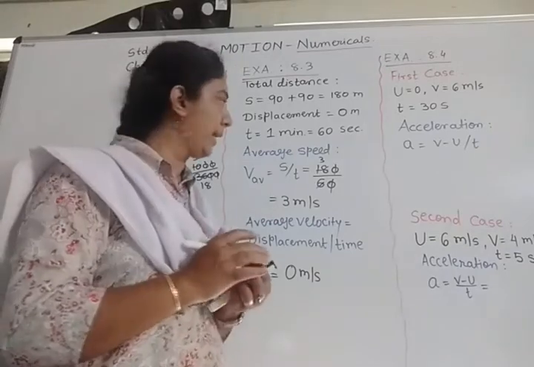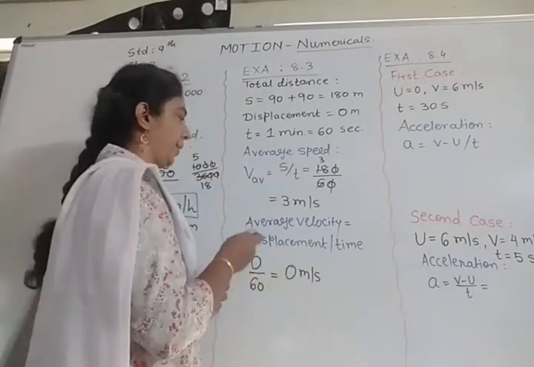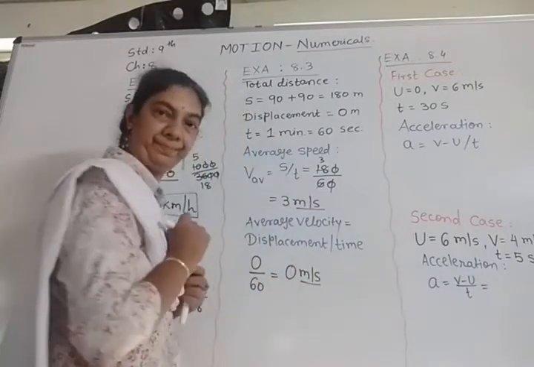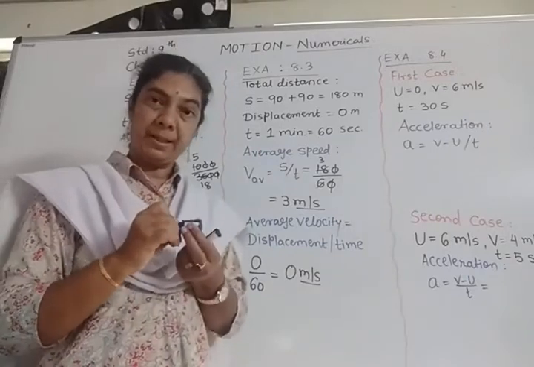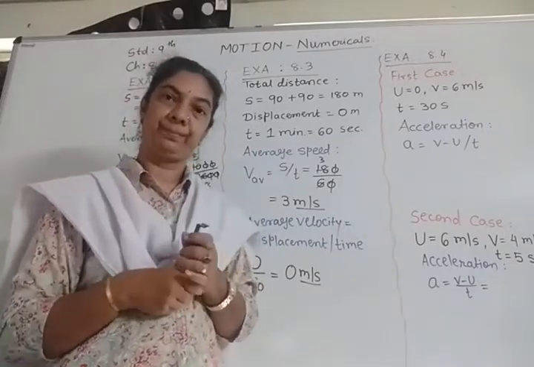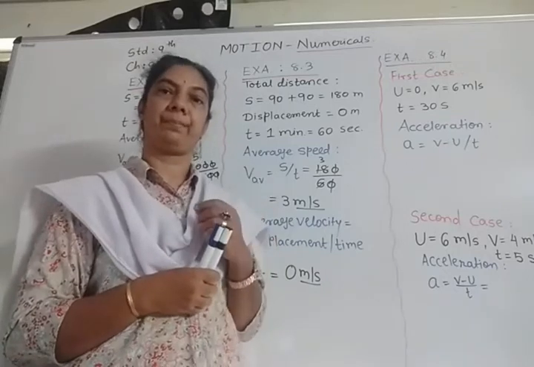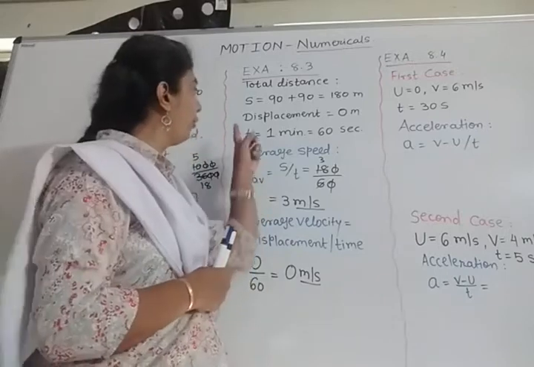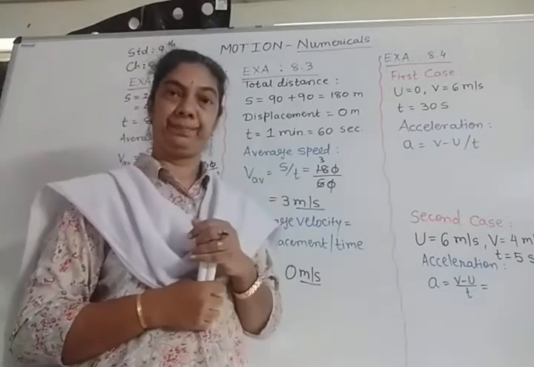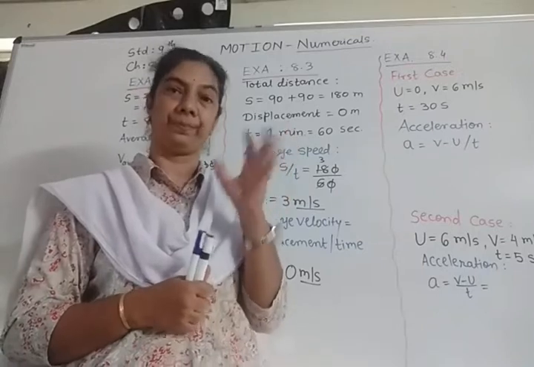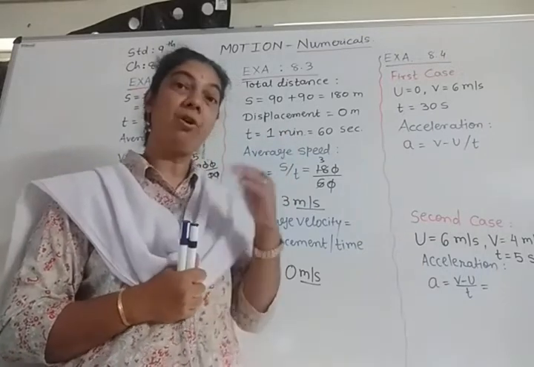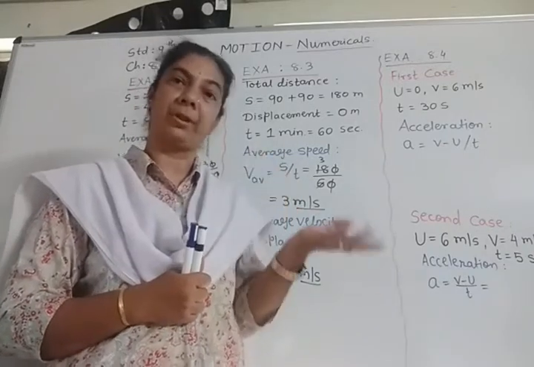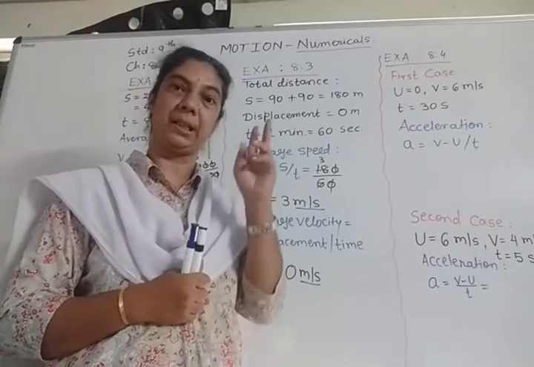Remember over here that the units of average speed and average velocity are the same. But the magnitude, it means the numeric value, of average speed cannot be 0 or negative, because distance cannot be 0 or negative, that we had discussed in the second video.